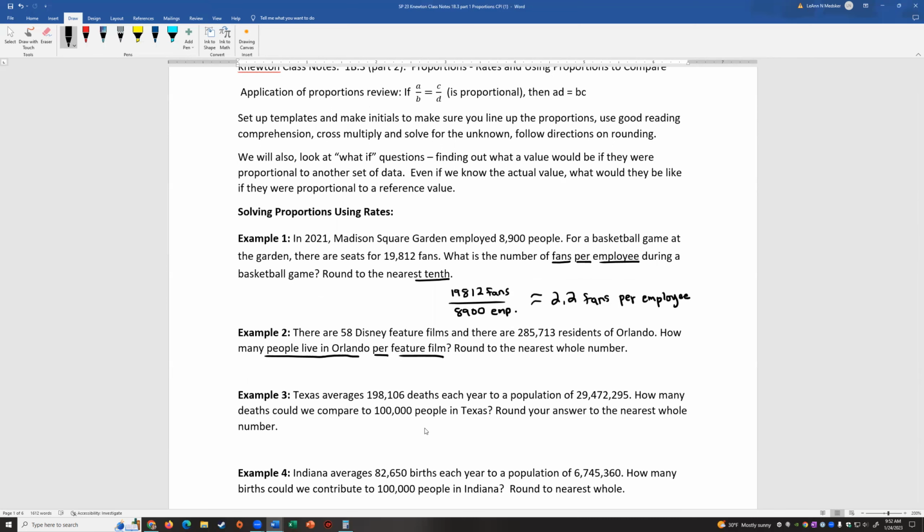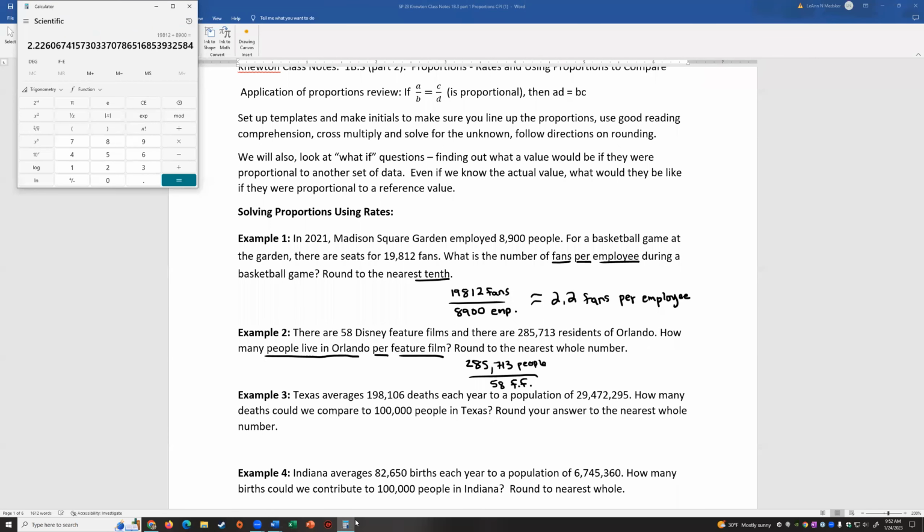That is people first. So that's going to be the residents going on top. So 285,713 people divided by the feature films, which was 58 feature films. And we're supposed to round to the nearest whole number on this one. So 285,713 divided by 58.